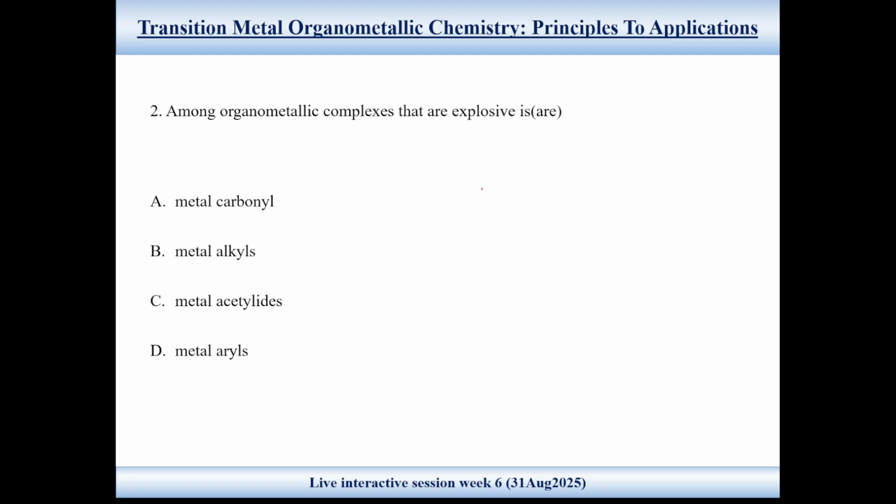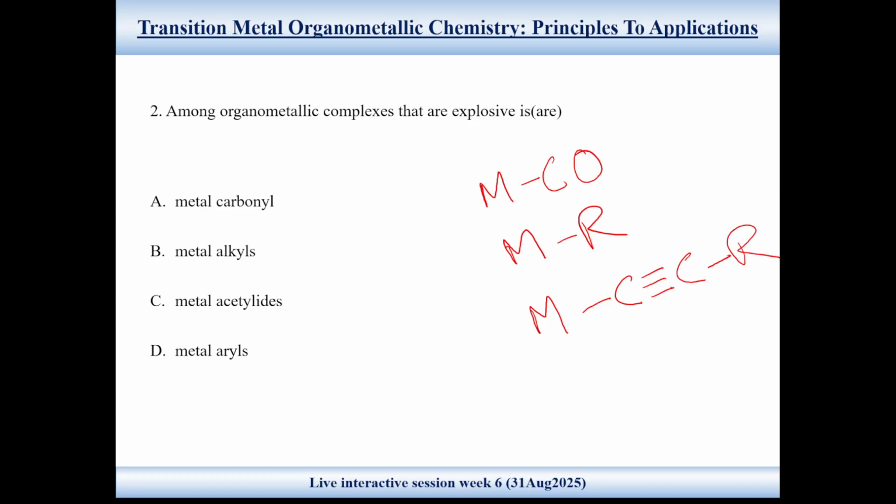So it is M-CO, that is metal carbonyl complexes, metal alkyl complexes, that is M-R, metal acetylide complexes, or metal aryl complexes. So we have seen many metal carbonyls which are stable even at room temperature.